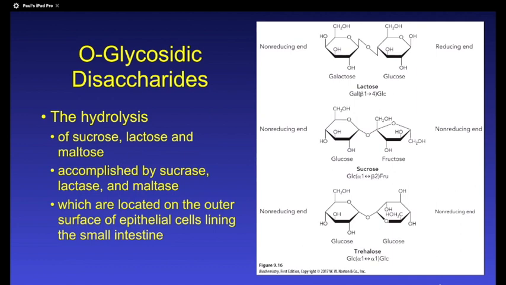Now what's interesting about this is we eat lots of disaccharides, okay, but we can't absorb any of them. We can't actually get them into our bloodstream. The intestines will only allow single sugars to come through the intestinal wall. So if we eat any of these, we then need an enzyme to break down those.